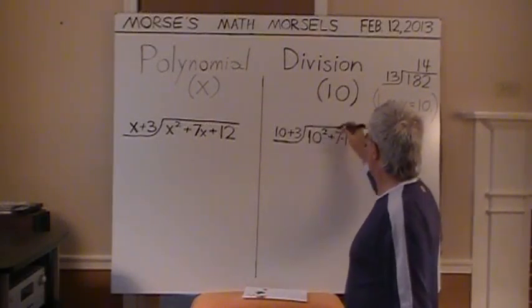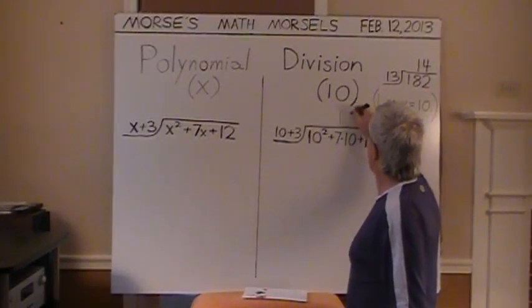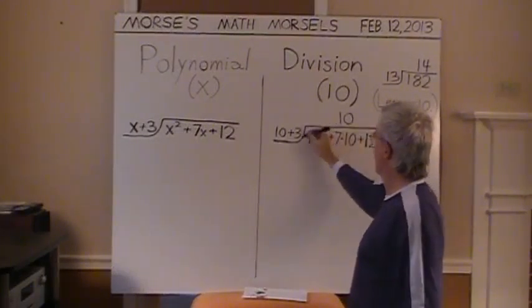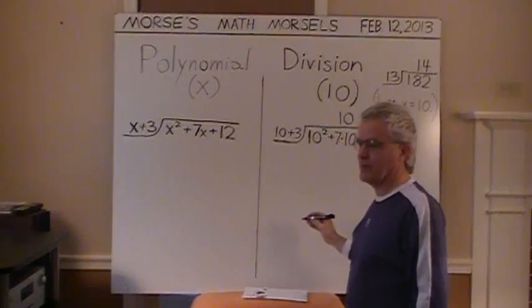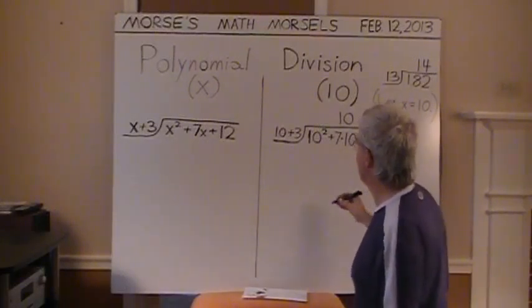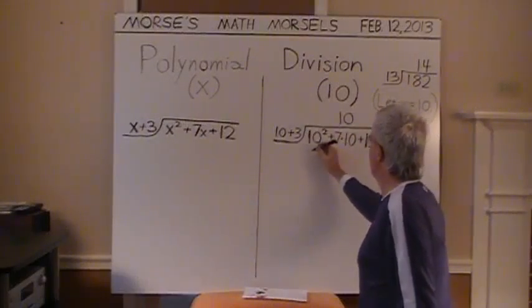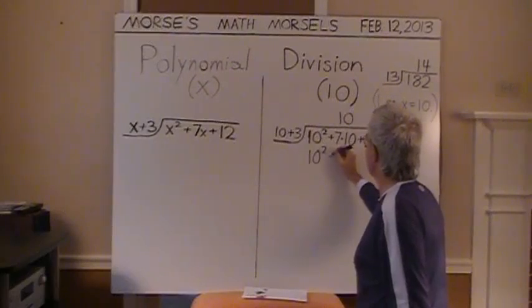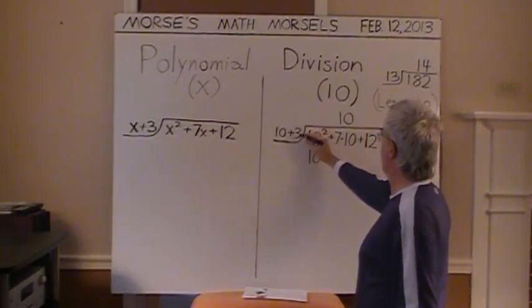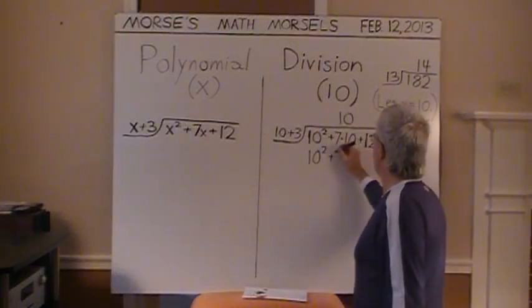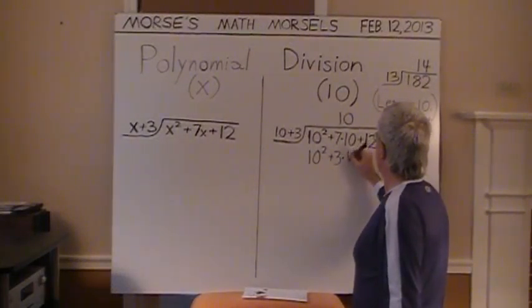Well, 10 will be, so we're going to put a 10 up here above this symbol, which incidentally is called a vinculum, V-I-N-C-U-L-U-M, vinculum. Well, 10 times 10 is 100. I'm going to represent that as 10 squared. But we need the plus 3 as well to ride along with the 10. 3 times 10, I'm just going to show as the 3 times a 10.